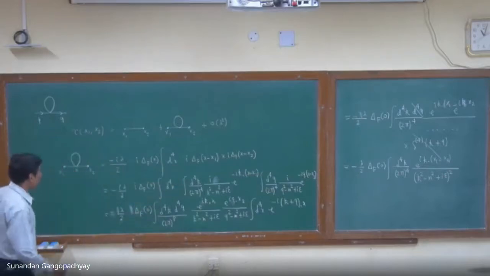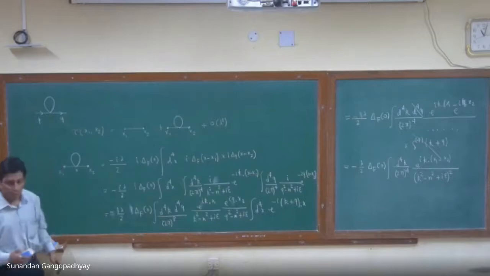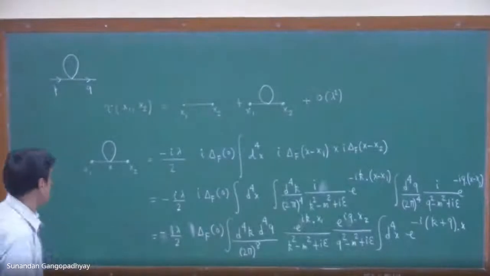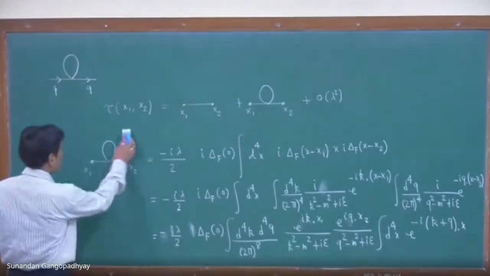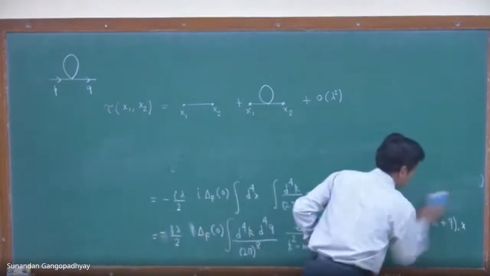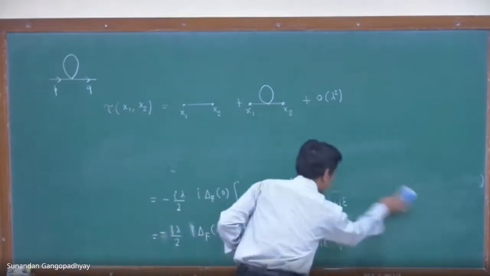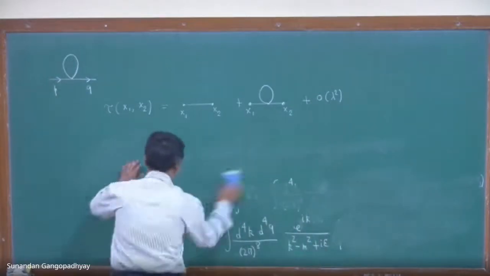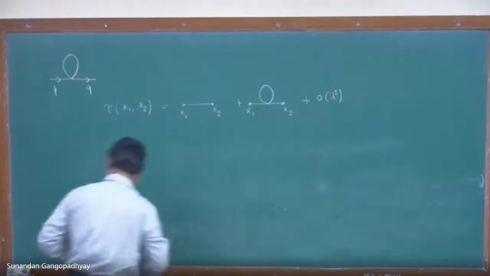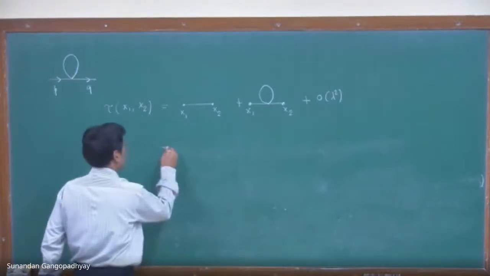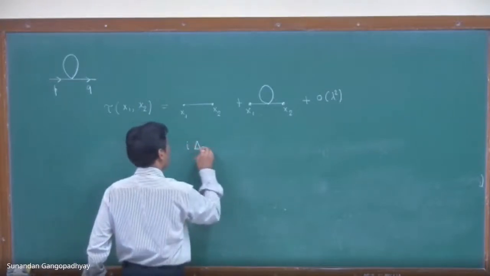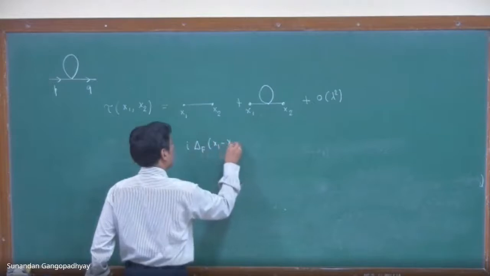So what we have obtained is the following. You can see the whole board, I think. Let me again zoom to the top of the board. What we have obtained is something very interesting. This thing is basically i Δ_F(x1, x2).